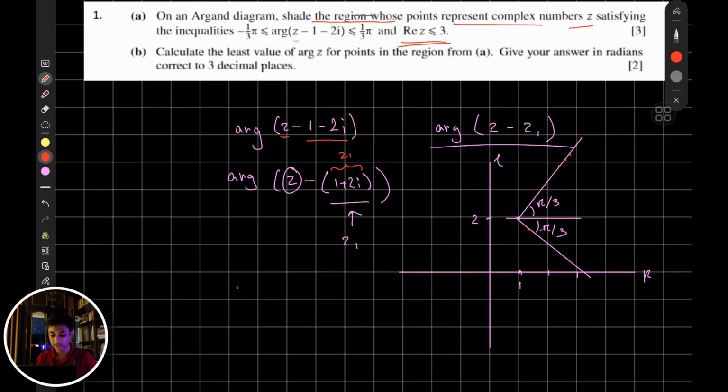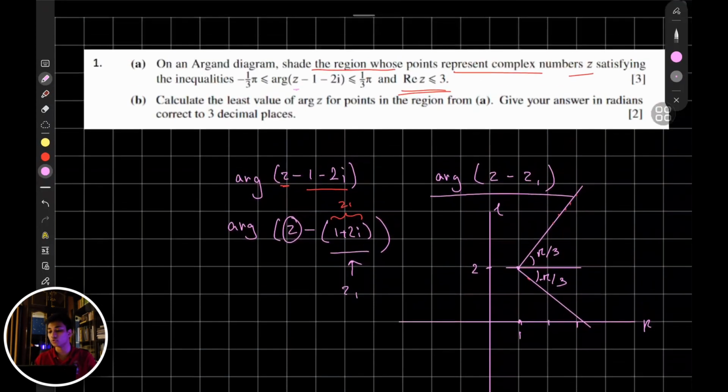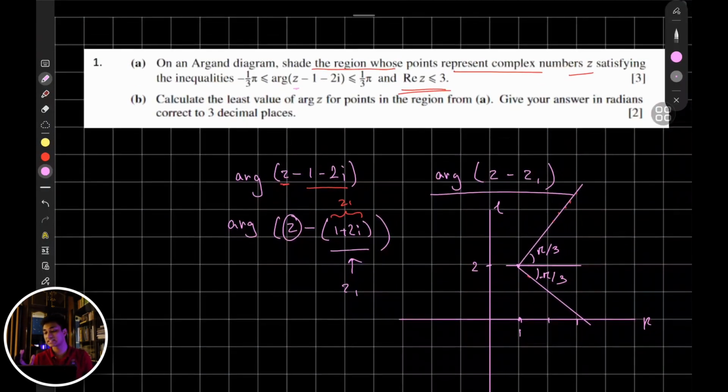So what does this mean? A complex number z can be represented by x plus iy, or if you learn it by a plus bi, whatever you learn it by, x or a is the real part of the complex number. So they're telling you that the real part of the complex number z is always less than 3.